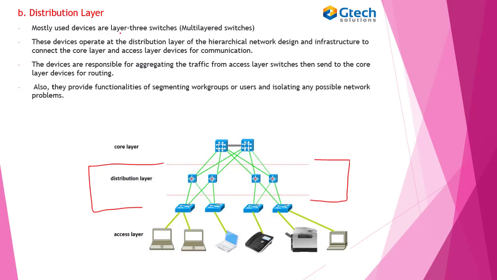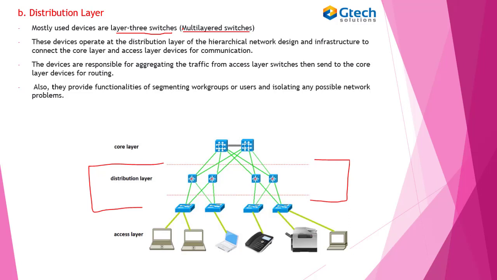The devices that are used at this layer are layer 3 switches, also known as multi-layered switches. From the previous classes, we said that layer 3 switches perform both switching and routing technologies. They act as both a router and a switch.